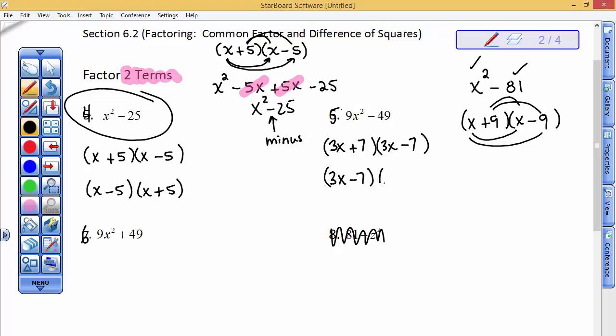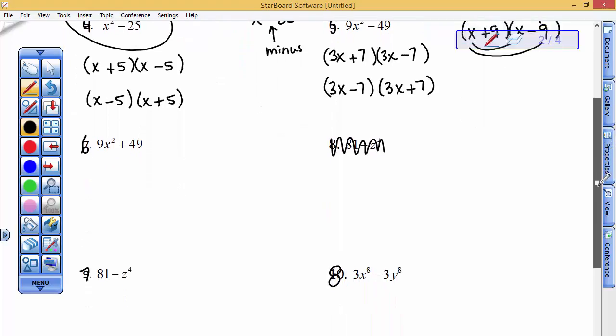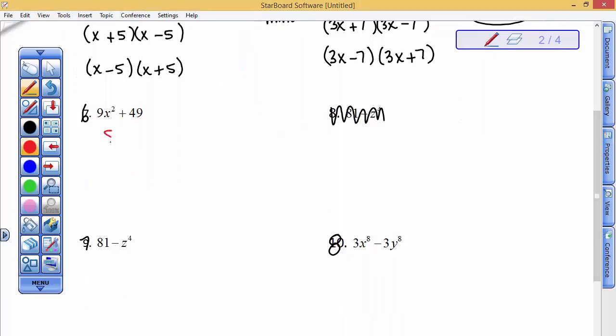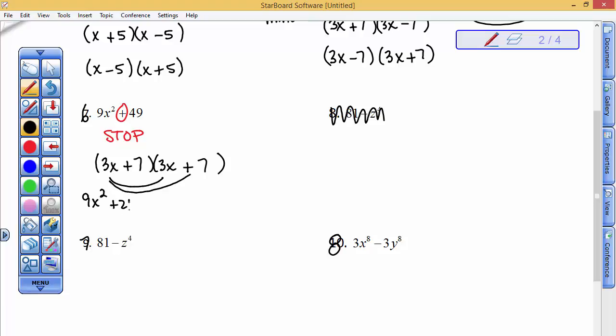So next, number 6, stop. Do not do this. This does not work for the sum of squares, because if you tried to factor this, and maybe put a plus 7 here and a plus 7 here to get that positive 49, yeah, you'd get the 9x squared, but you wouldn't get rid of this 21x and this 21x.